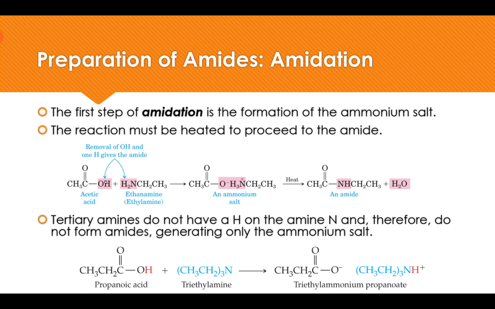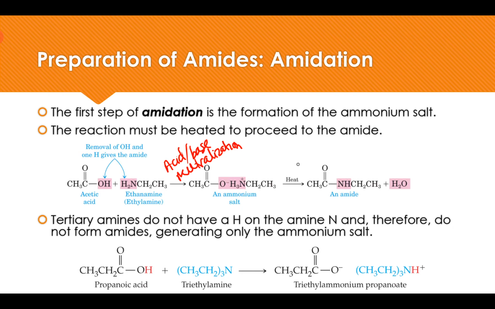If we show this carboxylic acid and this amine reacting together, one thing that can happen is that they form that neutral salt. And so we can see here that that's an acid-base neutralization. And that is an intermediate step there.